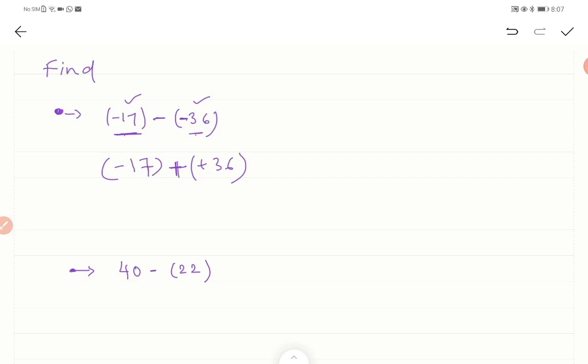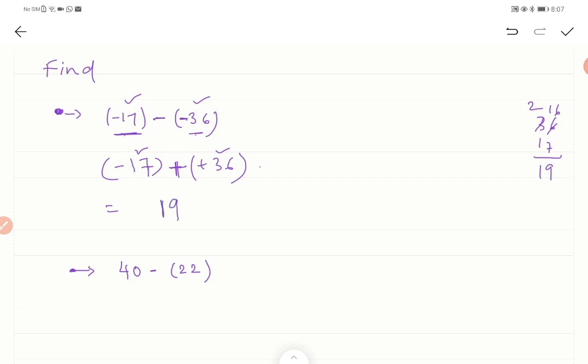So now it is an addition of two integers, one negative and the other positive. That means you will subtract. So 36 minus 17 is how much? It's 19, you will get 19.